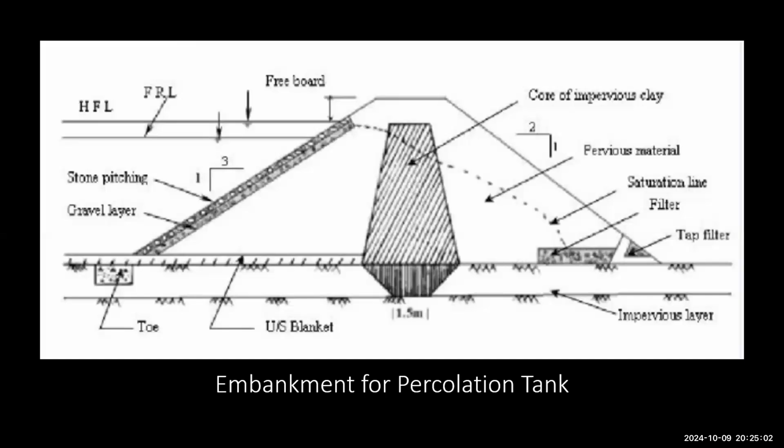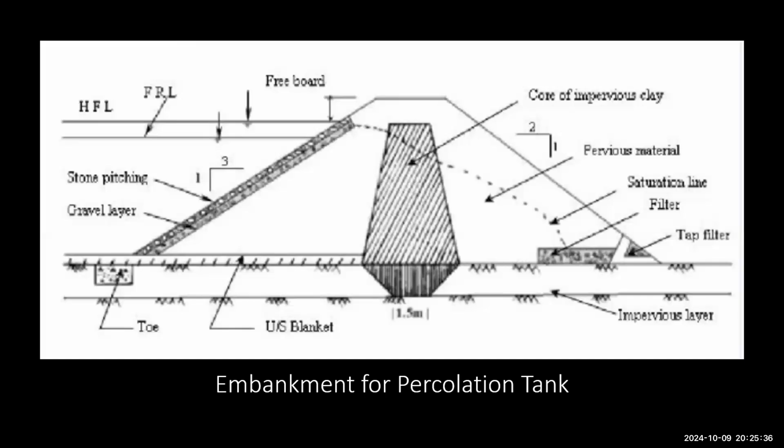Clay consists of very fine particles, that's why voids are less, that's why its permeability is less, and that's why it resists the seepage. But it is not strong. That's why, to give support to this core, the supporting casing is provided, which consists of pervious material. These are the two main components of a zoned embankment type earthen dam.